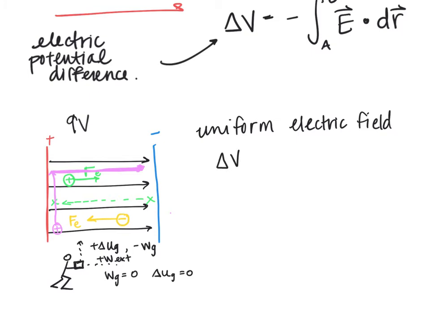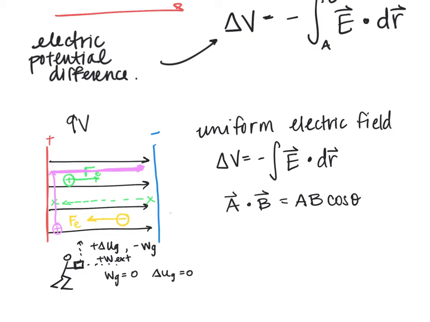So the electric potential difference, that delta V, is equal to the negative integral of the electric field vector dotted with dr vector. And remember, by definition, the dot product is the magnitude of vector A times the magnitude of vector B times the cosine of the angle between the two.